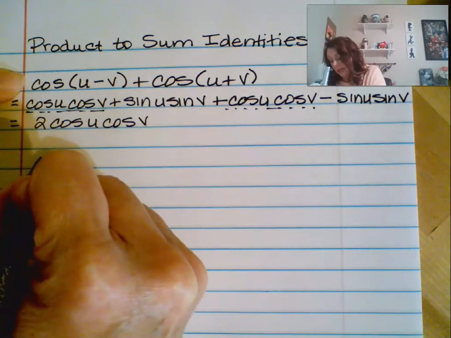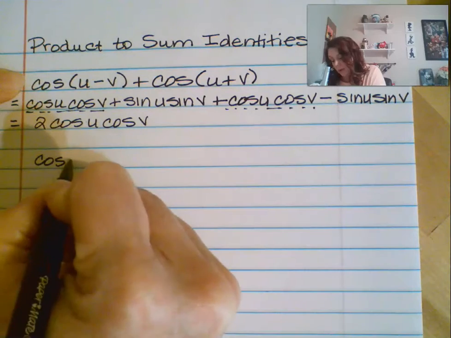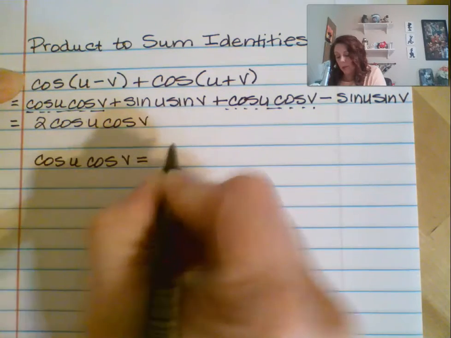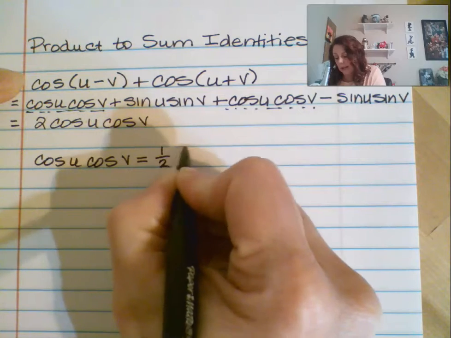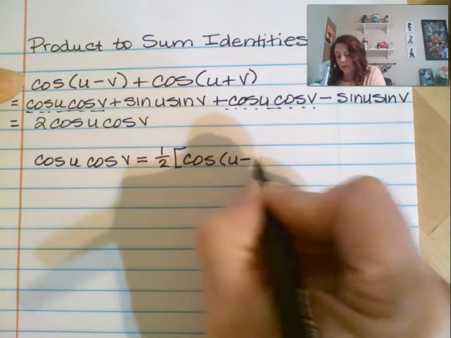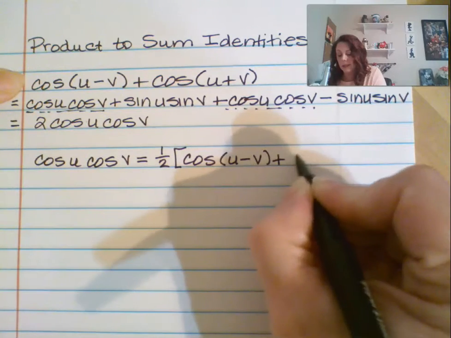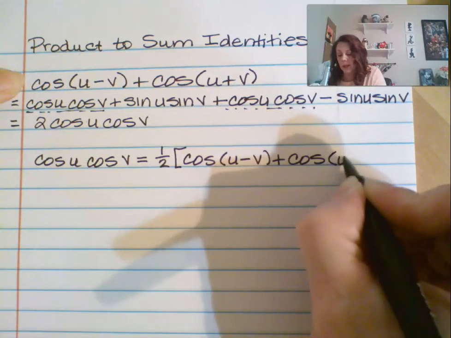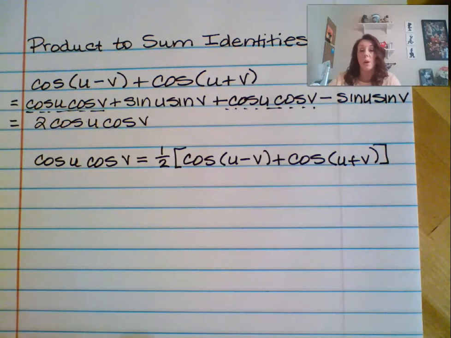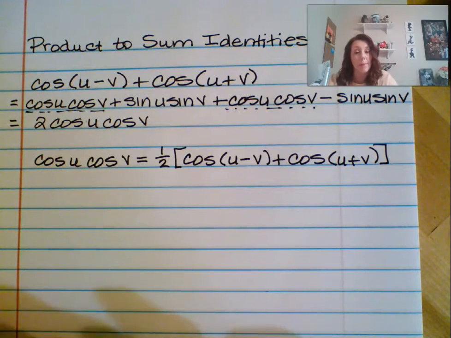So what we'll see in this case is the cosine of u times the cosine of v will be equal to half of the cosine difference u minus v plus cosine sum u plus v. And that's one of the product to sum identities.